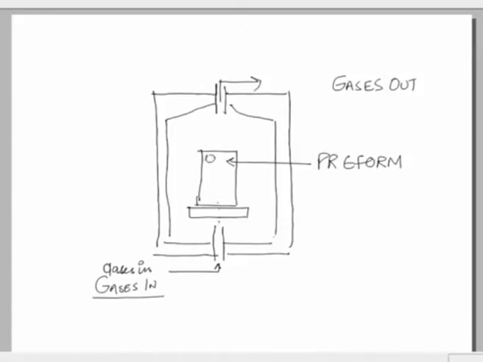So, we can see this is a preform which has an array or a network of fibers and which is porous in nature. So, when these gases pass through this preform, the gaseous reactants would react, and we have to see that this reaction is taking place at an elevated temperature. So, we need to have the heating arrangement also.